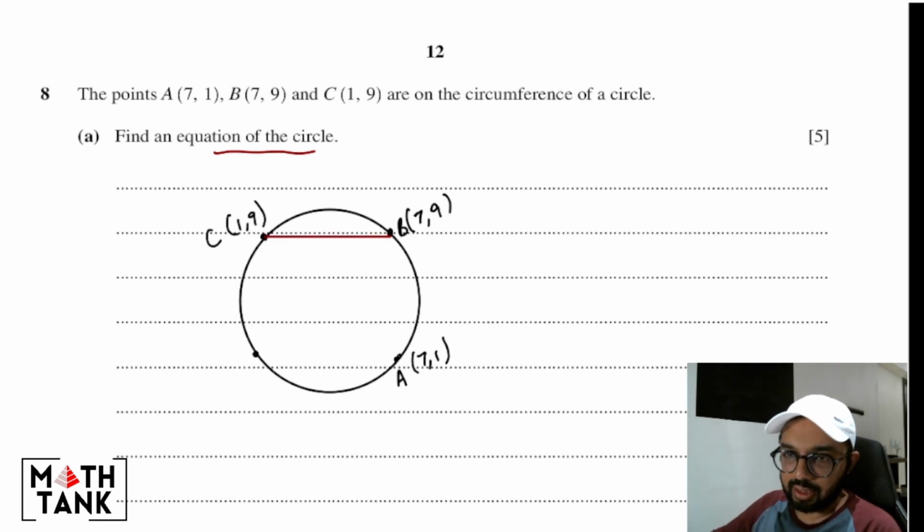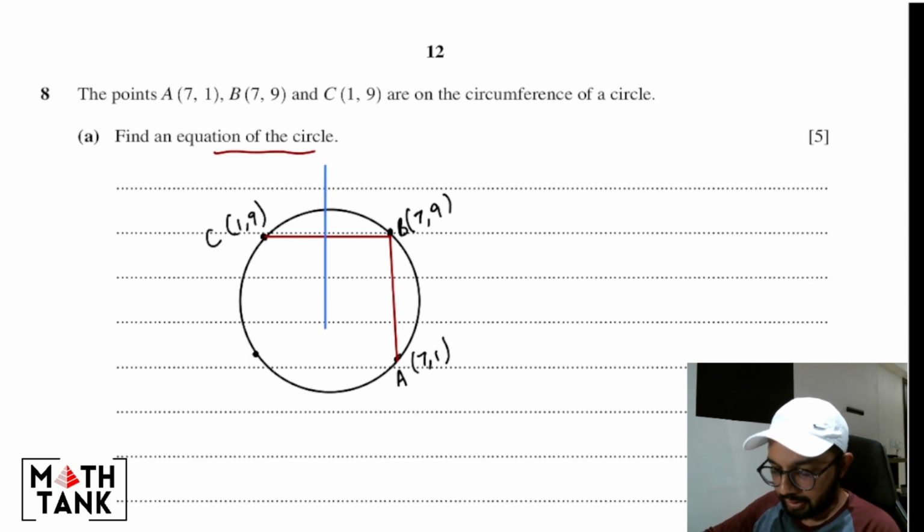If I create a chord like this, it's a horizontal line. If I create a chord like this, it's a vertical line. A property of the circle says that the perpendicular bisector of the chords will always pass through the center. The perpendicular bisectors of the chords will always pass through the center.